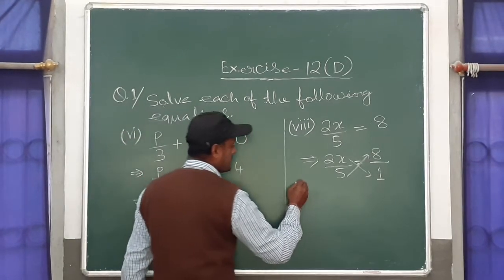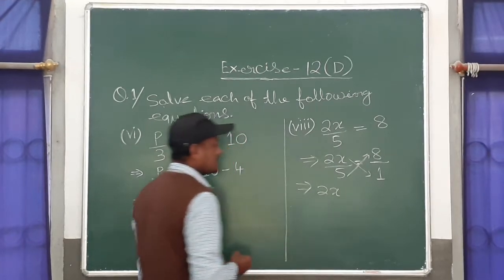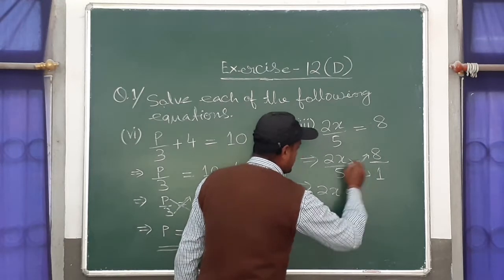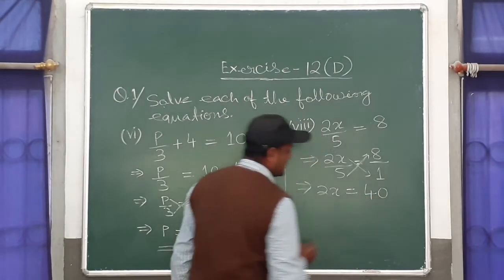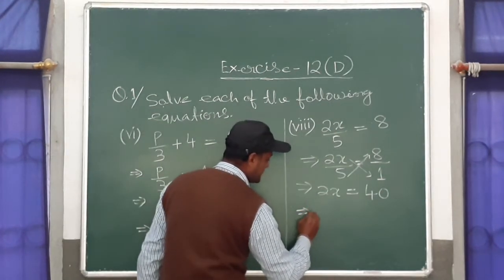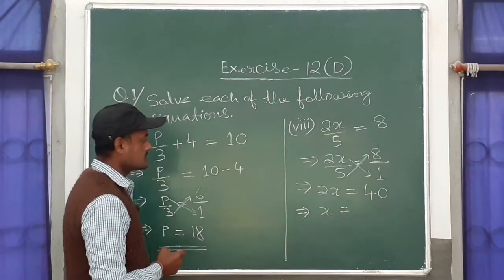2x into 1. So 2 1s are 2x. We got 2x into 1 is equal to 2x, is equal to 5 8s are 40. Now again we have to find the value of x. What we will do, x is equal to, I told you last time, 2x means 2 into x.